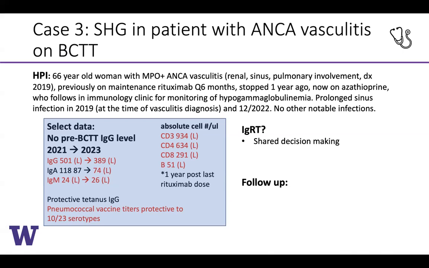I guess the difficult part about this case is, is this new infection a harbinger of more infections to come in the setting of her dropping IgG levels? So again, it's a patient that we are watching very closely with labs as well as clinical course.